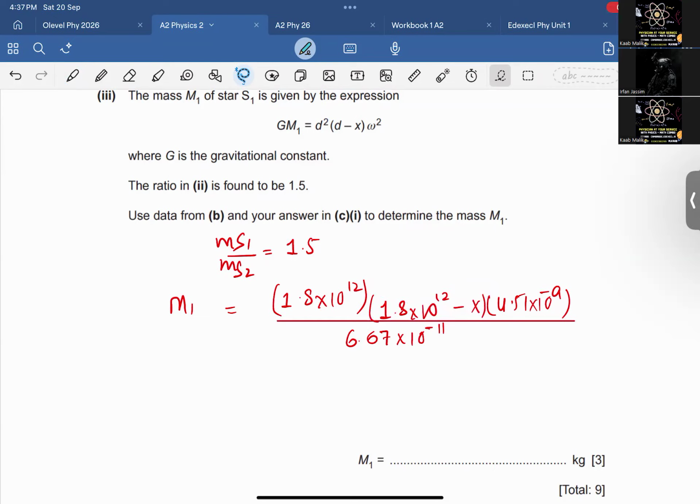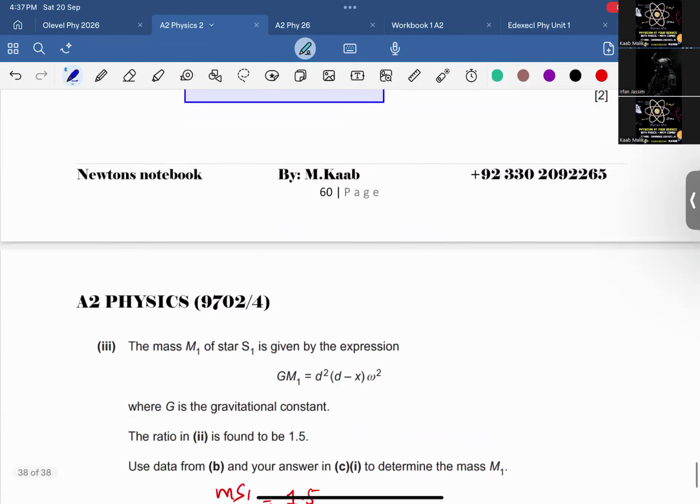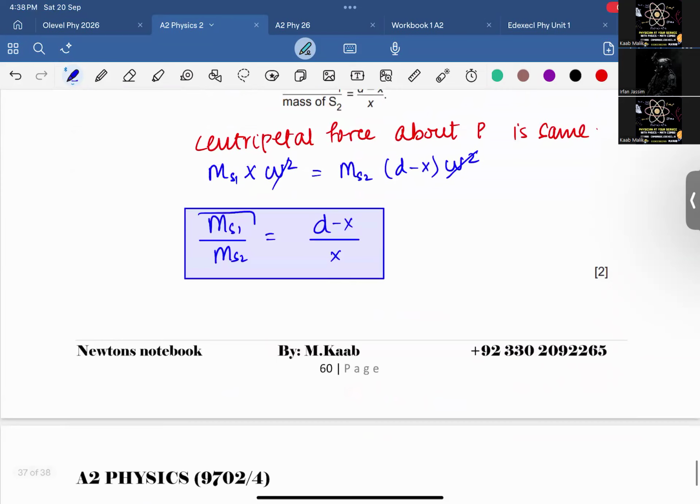They mentioned that 1.5 is for this one and that one, right? So M1 over M2 is 1.5, and also D minus X over X is 1.5. Clear?